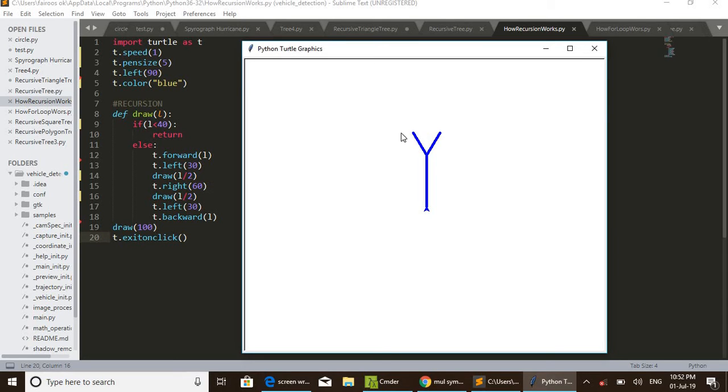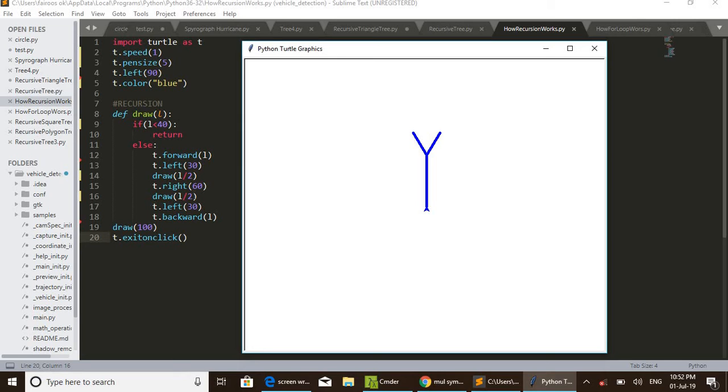Here the turtle was standing in the 30 degree left direction, then it turned 60 degrees right, that is 30 plus 30, 60 degrees in this direction. It stands there.